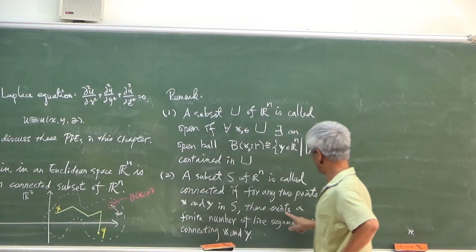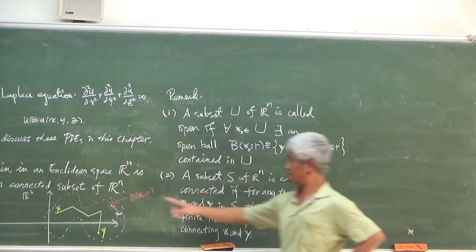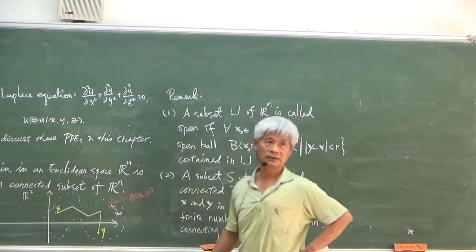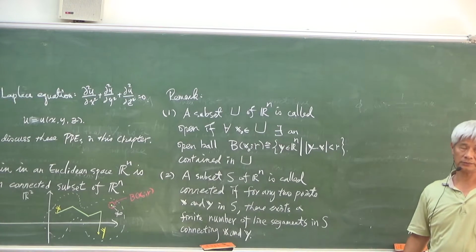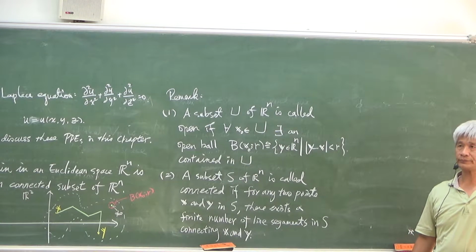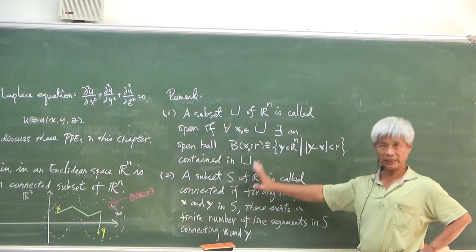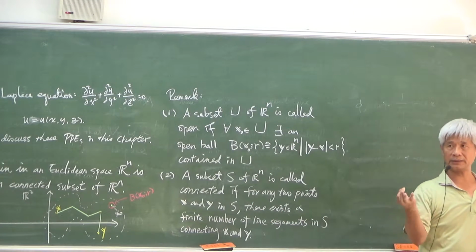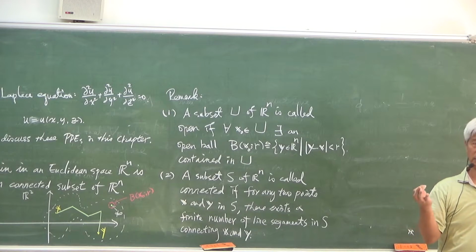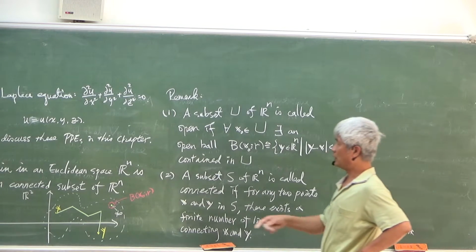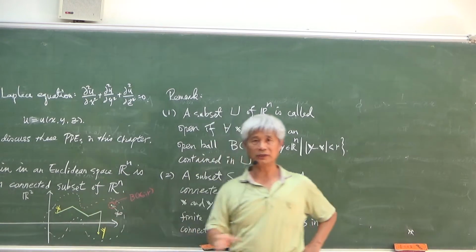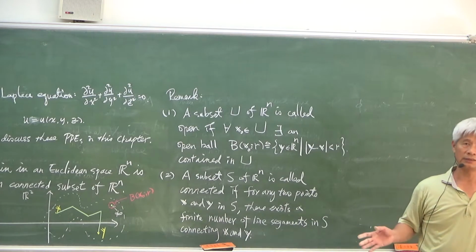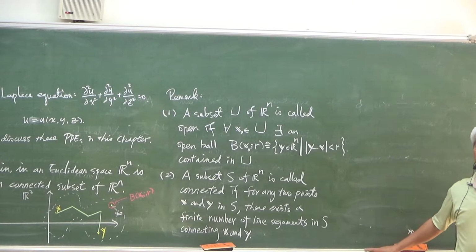And the line segments should all be in S. So it's called connected. Any questions about these two definitions, open set and connected set? Even though I just used R2 to illustrate the idea.